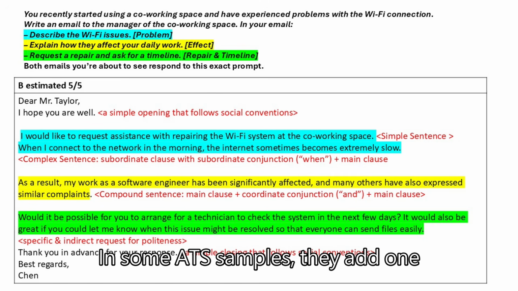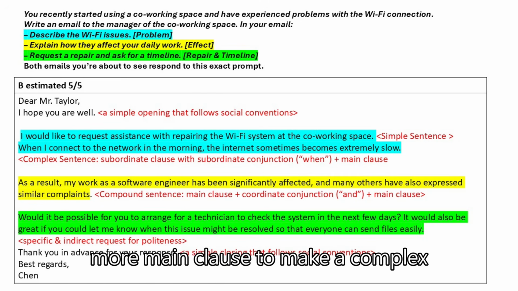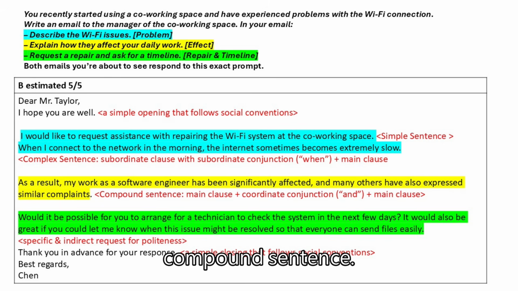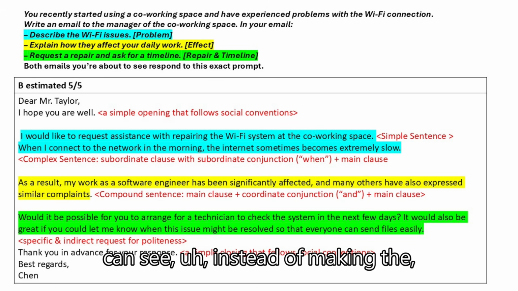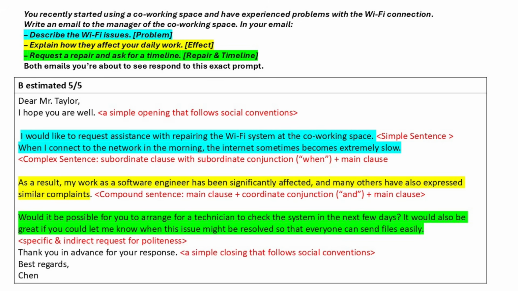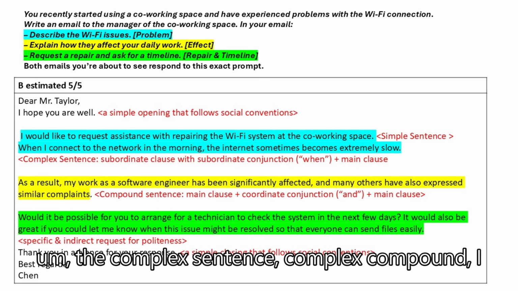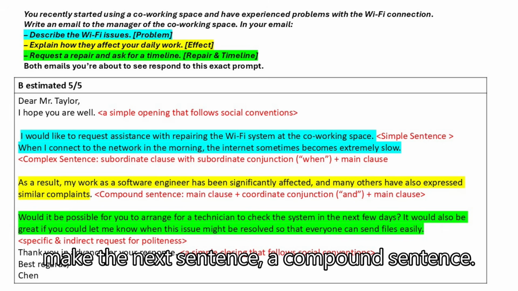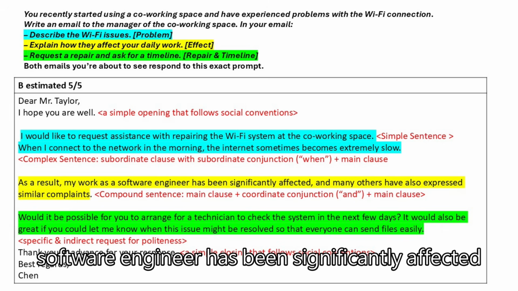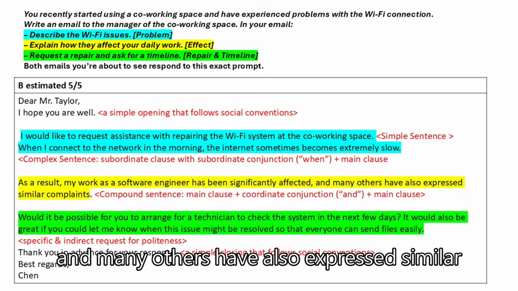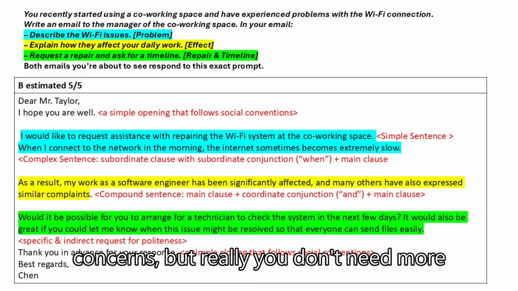In some ETS samples, they add one more main clause to make a complex compound sentence. Okay. And in my 5-point sample, you can see instead of making the complex sentence complex compound, I make the next sentence a compound sentence. As a result, my work as a software engineer has been significantly affected, and many others have also expressed similar concerns.